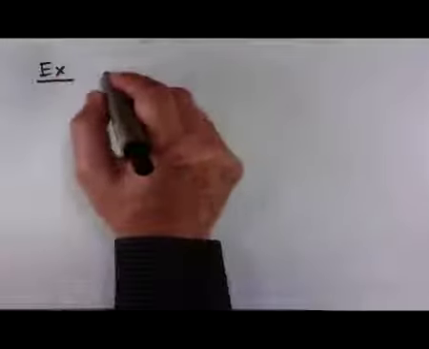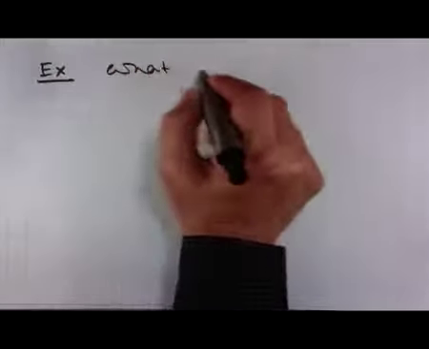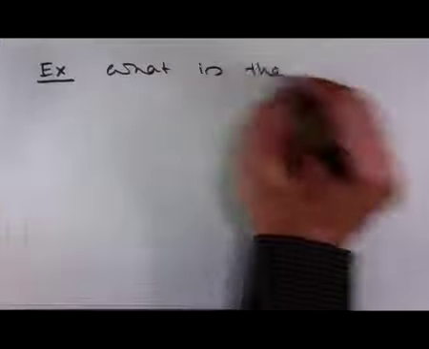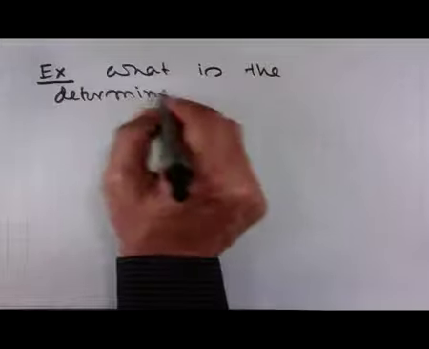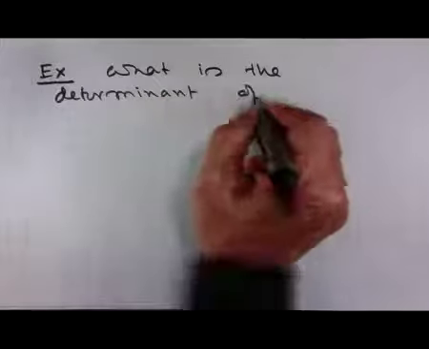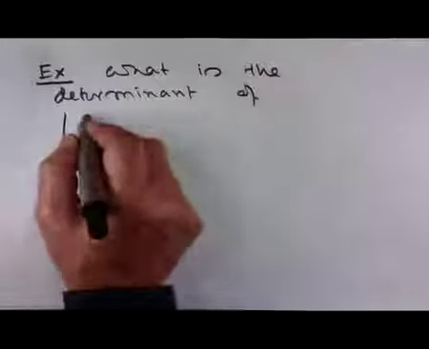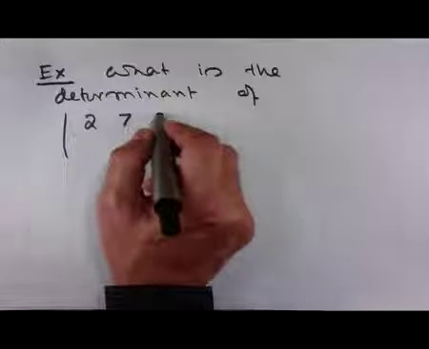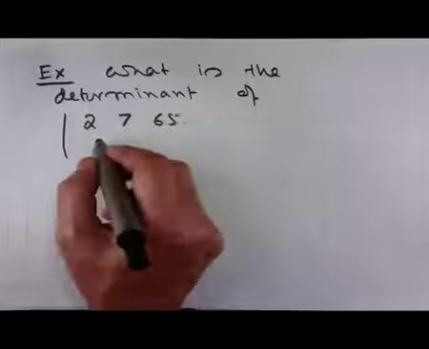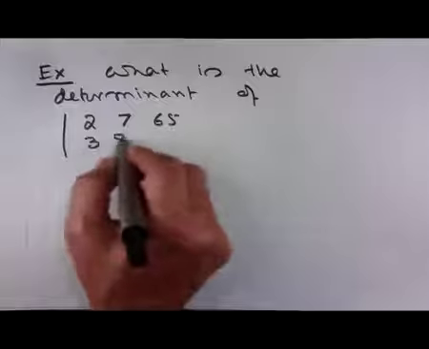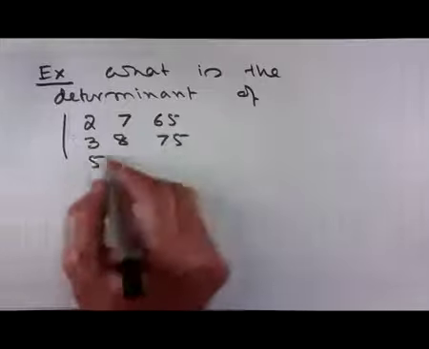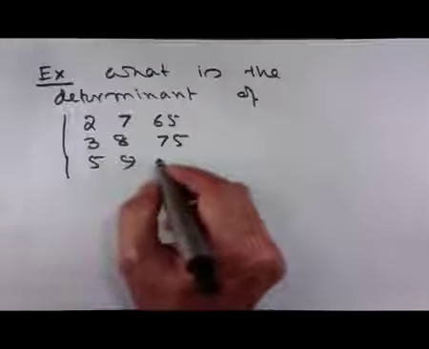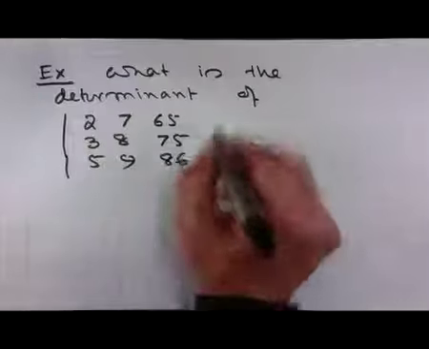Let me now take a numeric example. What is the determinant of the matrix with rows 2, 7, 65; 3, 8, 75; and 5, 9, 86?